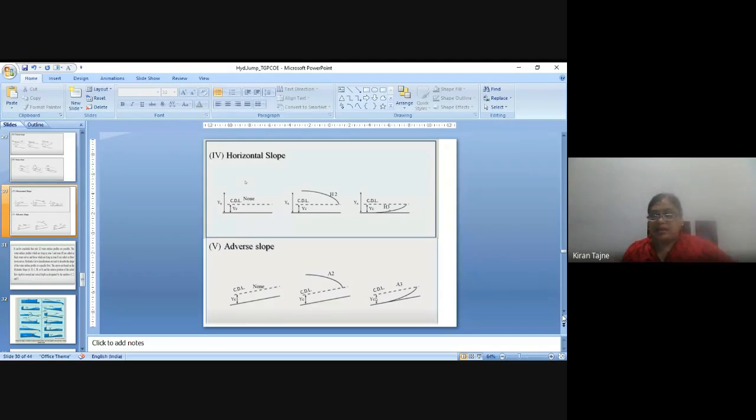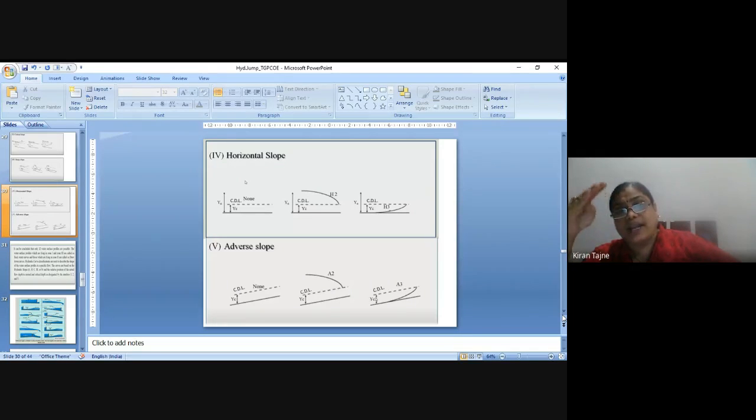So here Yn does not exist. So above CDL one line must be there, that is NDL, that does not exist. Therefore it comes in zone 2. So for the first condition there will not be any curve.